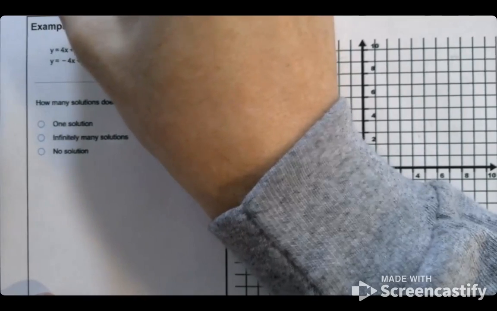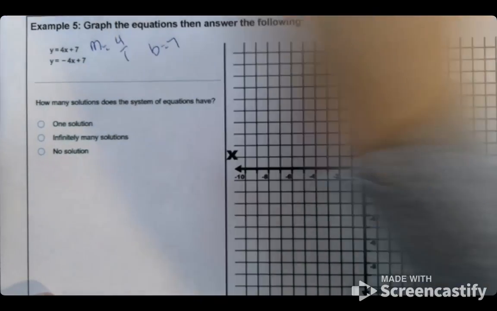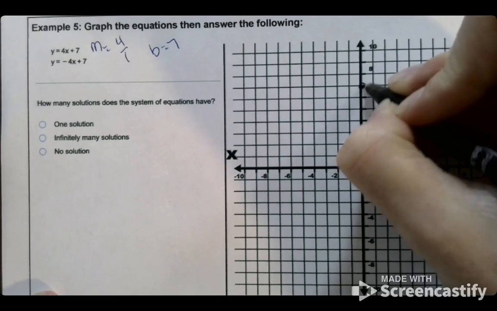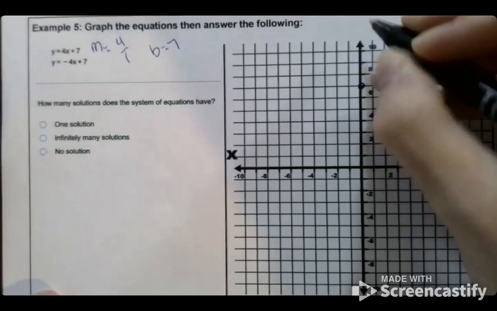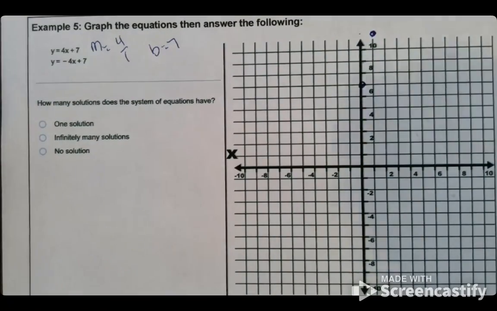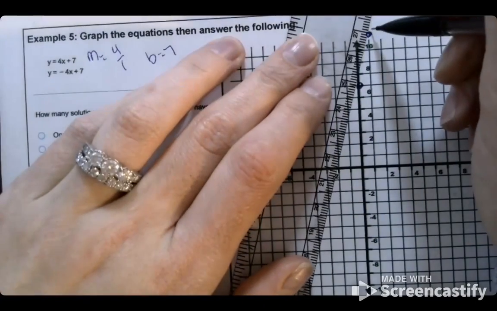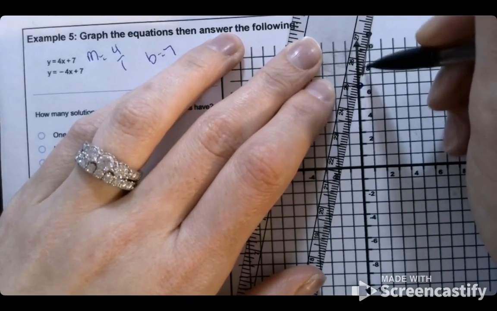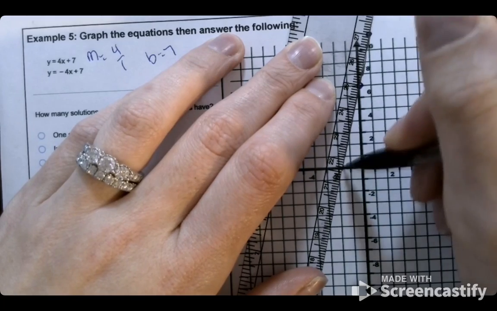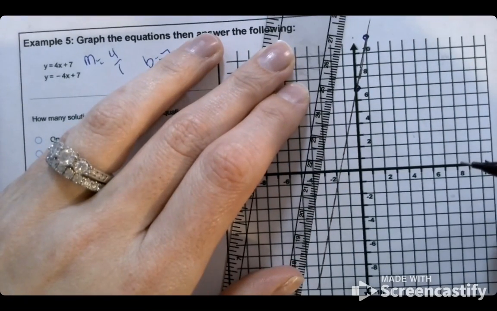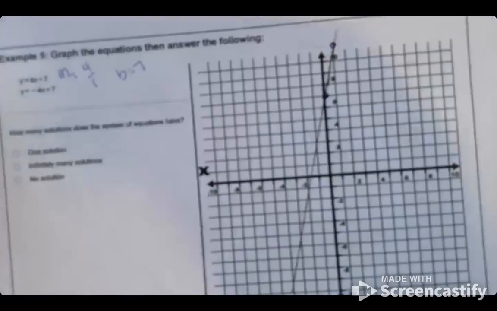Welcome back. So with this one, we would have had 4 over 1, and b is 7. So 7 is here. 1, 2, 3, 4 over 1 would have been about here. That's my bad that your graph didn't go high enough for that. That'll work.